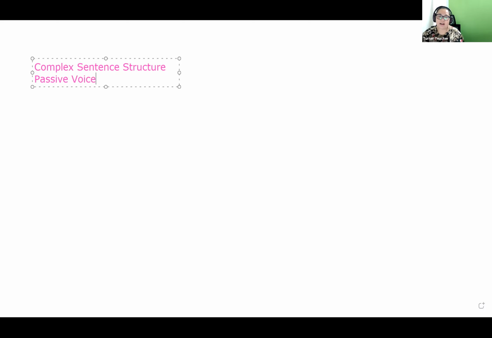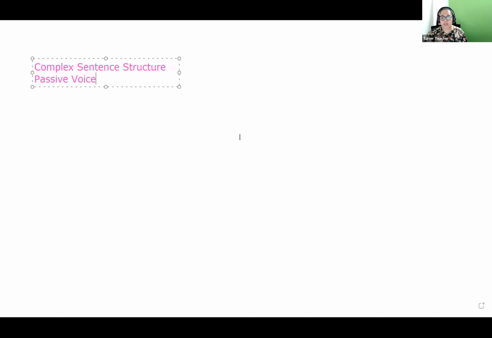We're going to do complex sentence structure, and then we're going to do passive voice. So let's start with a complex sentence structure.